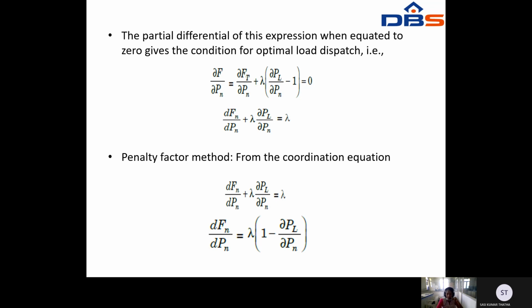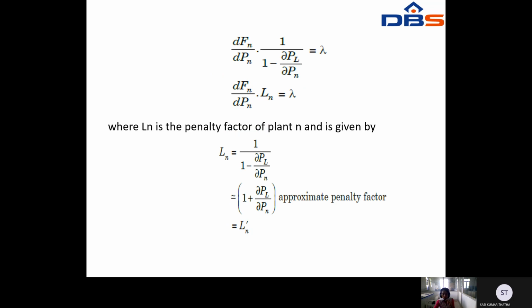Now the penalty factor method, from the coordination equation. By using the penalty factor method, dFn by dPn equals lambda into (1 minus dou PL by dou Pn). So this equation becomes dou Fn by dou Pn into 1 by (1 minus dou PL by dou Pn) equal to lambda.